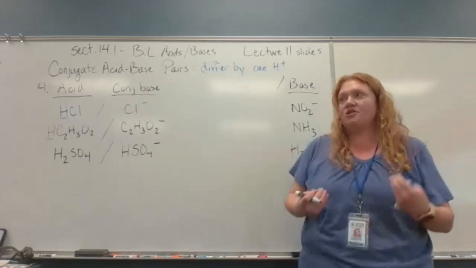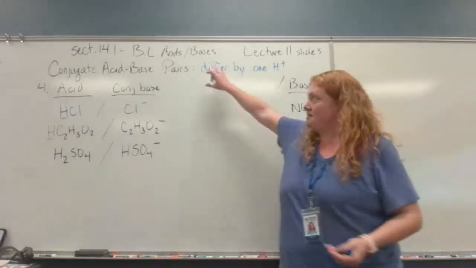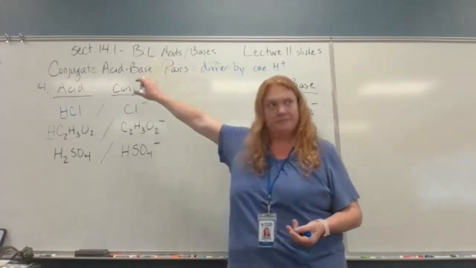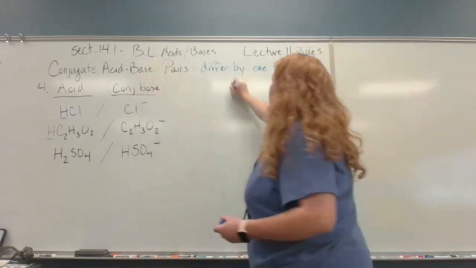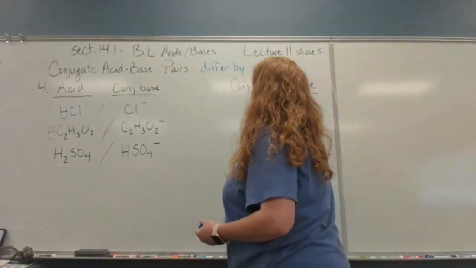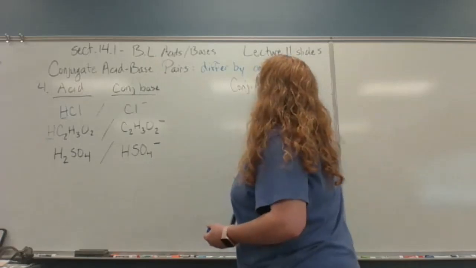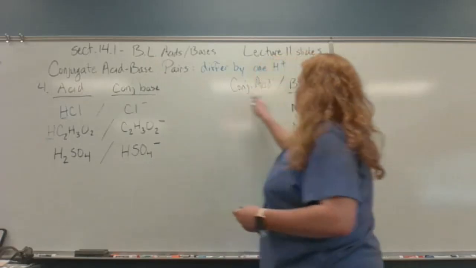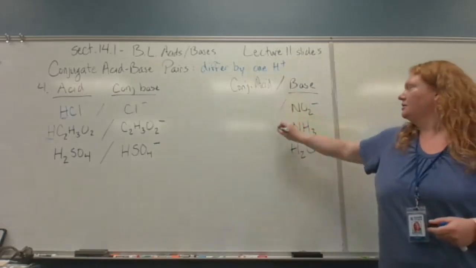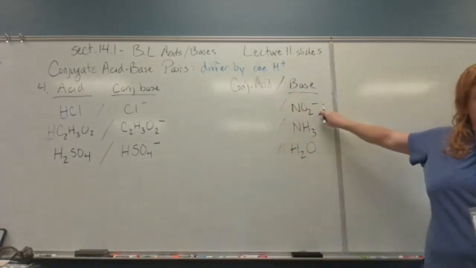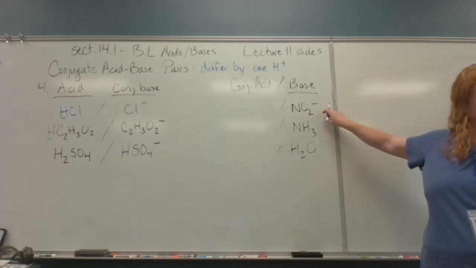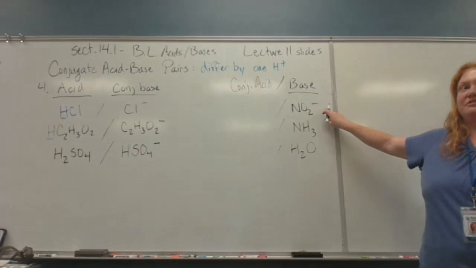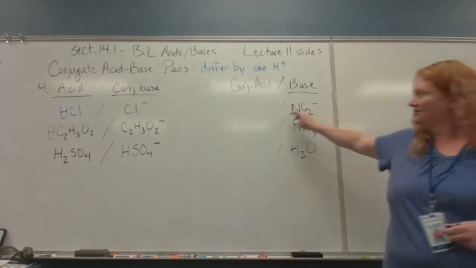Anything that can accept an H plus is a base in this definition. Okay. So I gave you these bases. Tell me what would be the conjugate acid species for these. So this has a negative sign. Guys, it can accept an H plus for sure. Okay.